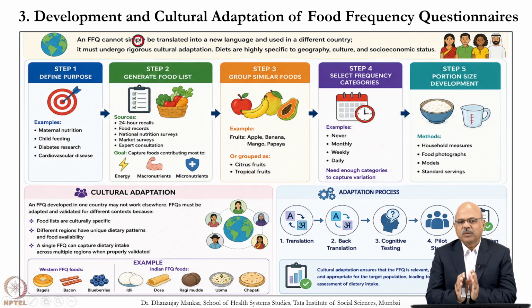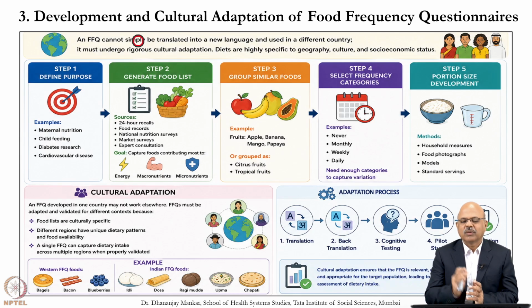Then comes grouping similar foods. There are many foods which are similar in pattern, taking fruits like apple, banana, mango or papaya. They can be grouped into tropical fruits, citrus fruits, sweet fruits and so on. Then comes step 4, select the frequency categories.